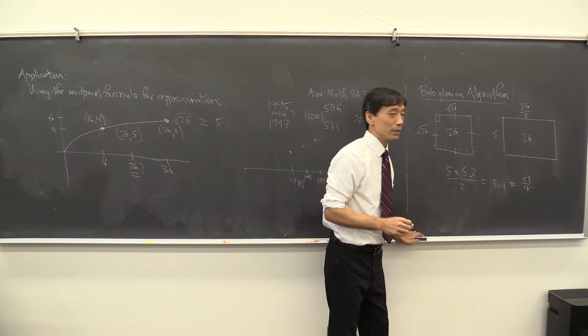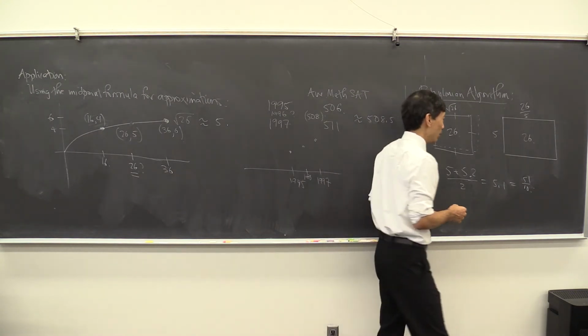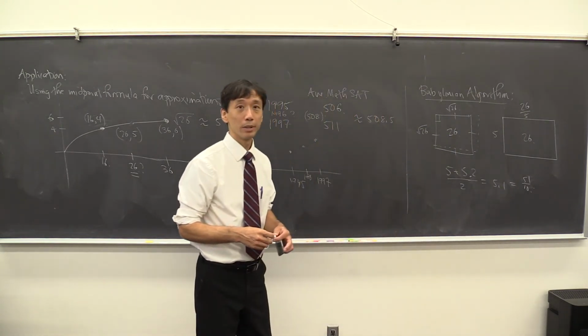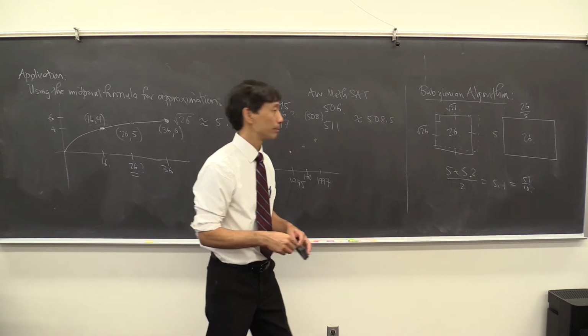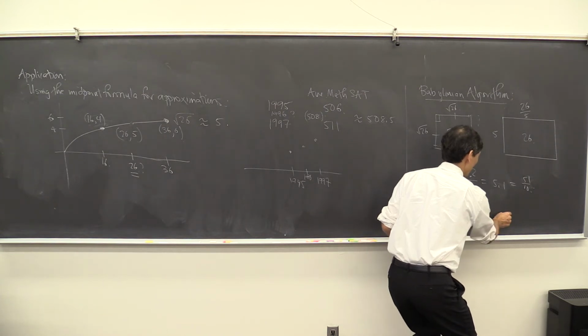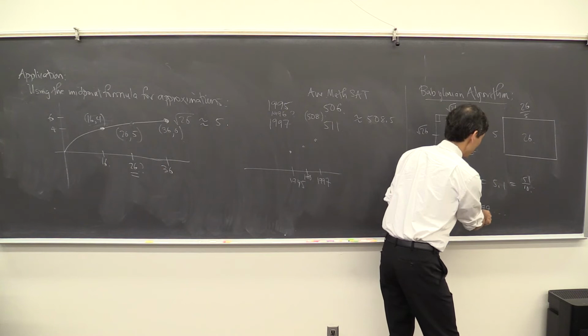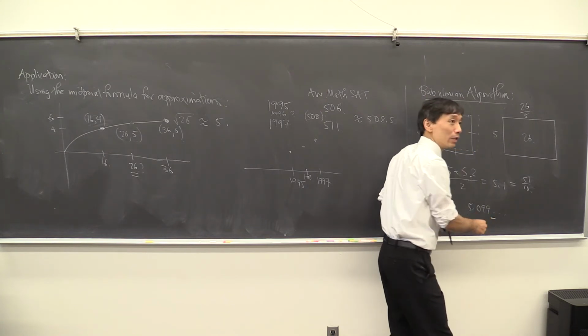Okay. So does anybody have a calculator? If you have a calculator, what is the square root of 26? 5.099 something, right? So how far off are we? We're actually good down to about the 10,000th place.